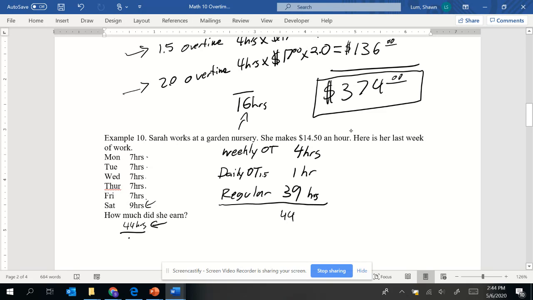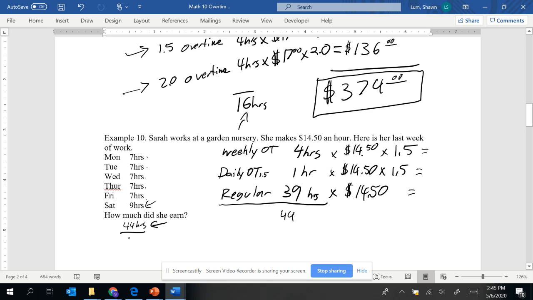Anyways, weekly overtime hours, this person gets paid $14.50 an hour. Since it's weekly overtime, it's time and a half. Daily overtime is also at a 1.5 rate. Regular hours, 39 times 14.50, and there's no multiplying factor.